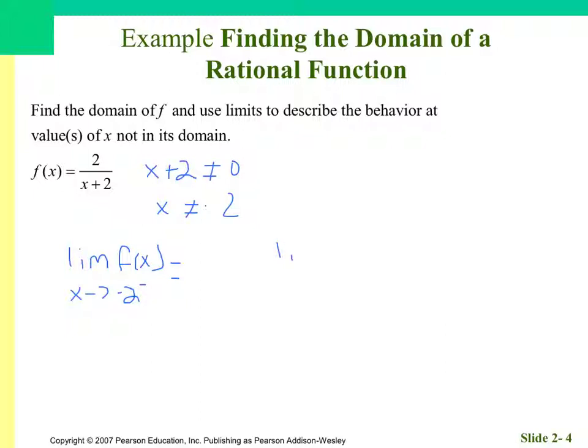The limit as x approaches negative 2 from the right, what's going on? Okay? So the domain is, well, we could use interval notation, but it doesn't say to, so all real numbers, but x cannot equal negative 2.